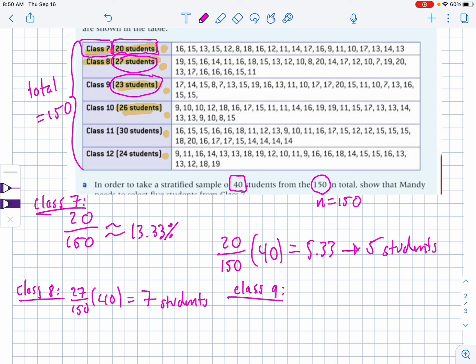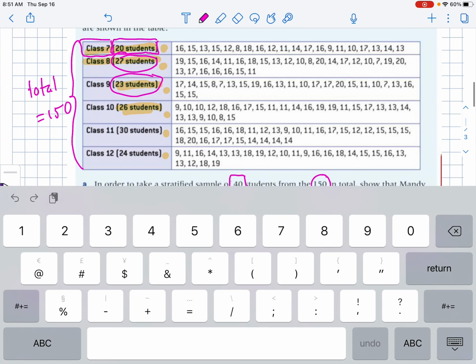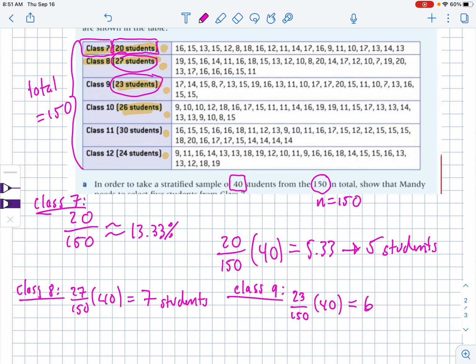Class 9 is 23 out of the 150, and multiply that by 40. It's 6 and some change, like 6.13, so we'll say 6 students.